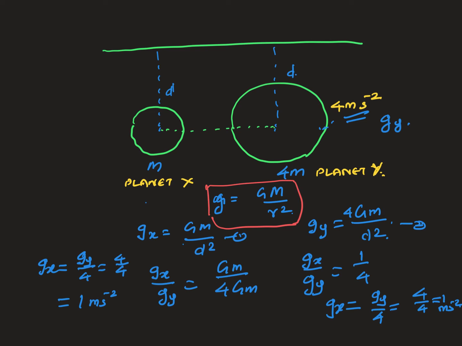Many problems you will be solving to find the gravitational acceleration, or gravitational field strength, are all about using this formula. It is proportional to the mass and inversely proportional to the square of the radius. So if the mass increases, the gravitational field strength increases, and if the radius increases, the gravitational field strength decreases.